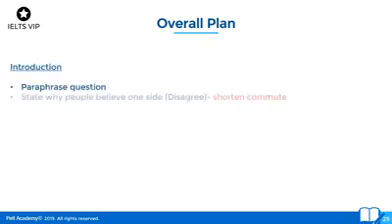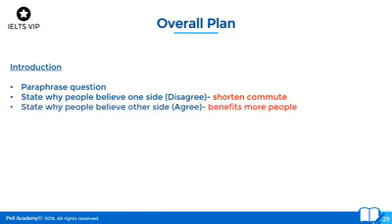So let's have a look at the overall plan. In our introduction, we're going to paraphrase the question, and then we're going to state why people believe one side and why people believe the other side. And what I've done here in red is put in my ideas. So the ideas that I would put in here, this is what my plan would look like.